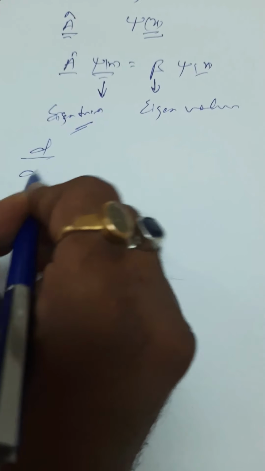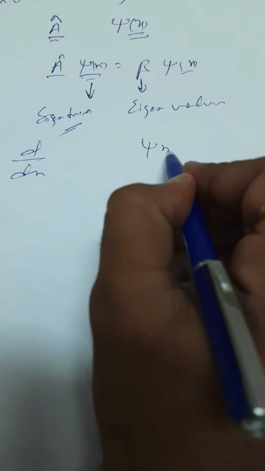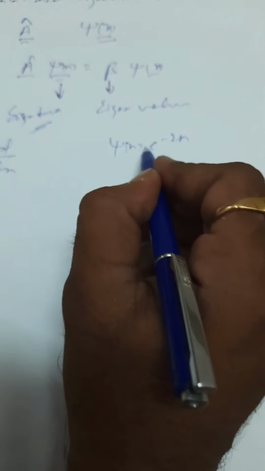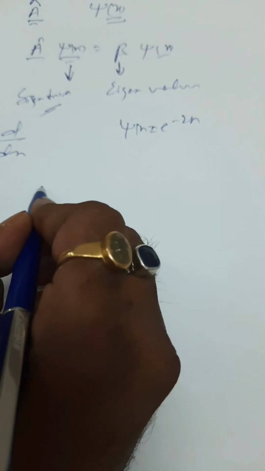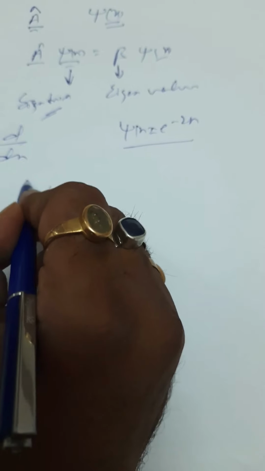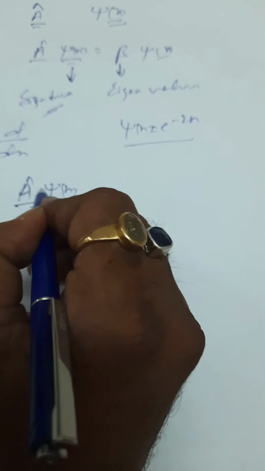Say for example, we'll take d/dx as an operator A, and psi x as e to the power minus 2x. Now it's a well defined function, so we operate on psi x.